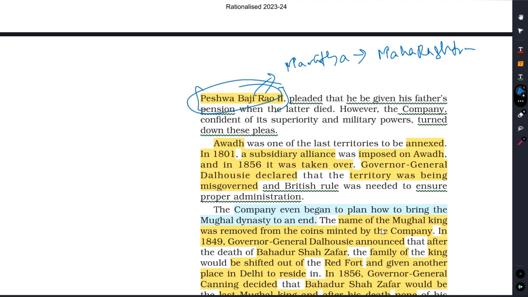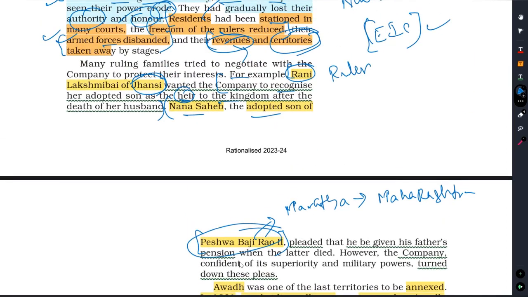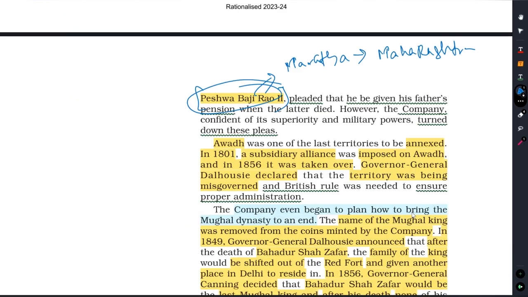After his death, his adopted son Nana Sahib requested his father's pension amount, but they refused this request also. This kind of behavior from the East India Company made the local leaders or Nawabs angry. That is why leaders revolted against the East India Company later.